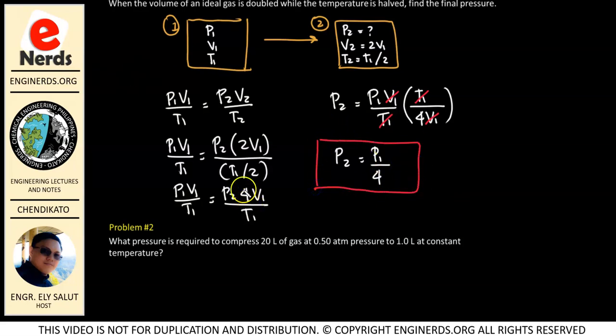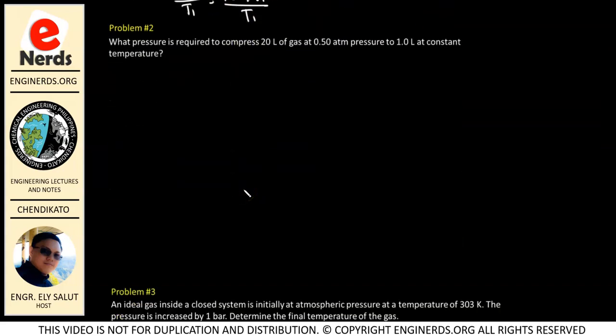Okay? So now let's go to problem number 2. Now in problem number 2, what pressure is required to compress 20 liters of gas at 0.5 atmosphere pressure to 1 liter at constant temperature? Okay, so we have a constant temperature process in here. And then we have our initial volume. Our V1 is equal to 20 liters.